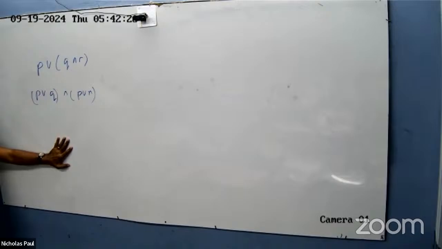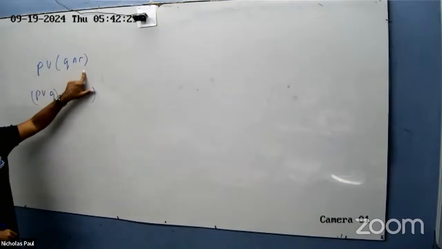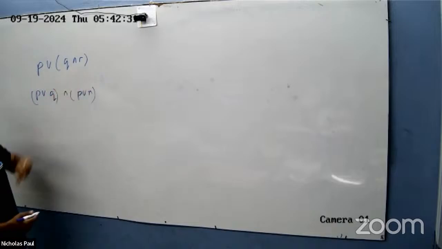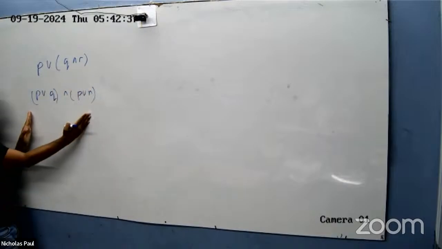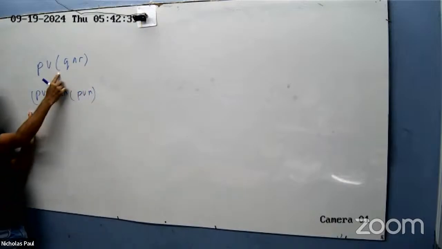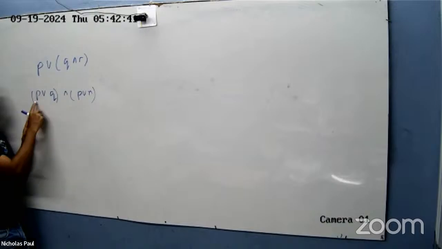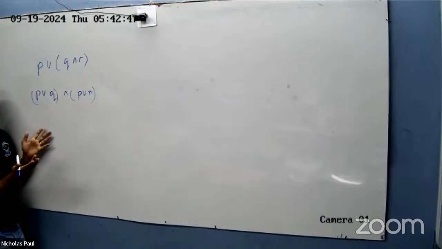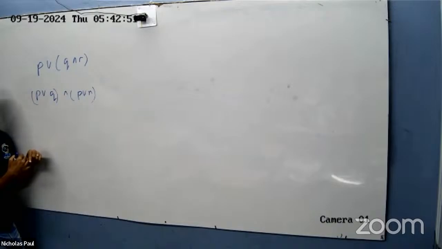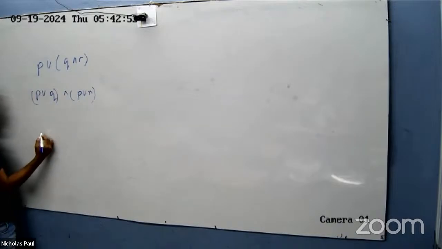I work inside the bracket first, because inside the bracket you don't really have anything else. Now, to go from here to here, it's like factorization. You're factoring out the P they have in common, and then you have Q and R. That's how we remember it. You okay with that? And then there's one more law.